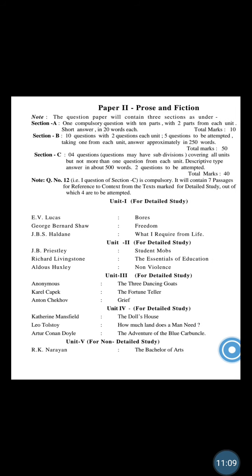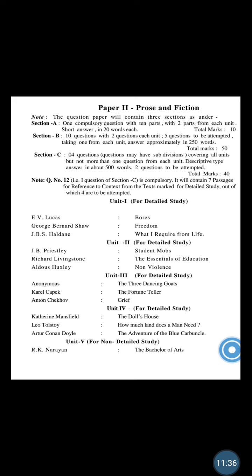Second paper is of prose and fiction. Prose means you have essays and stories. First 2 units are of essays, that is, you have Lucas, Shaw, Haldane, Priestley, Livingstone, and Huxley here. And the next 2 sections, the third and the fourth unit, you have stories. Essays and stories are for detailed study.